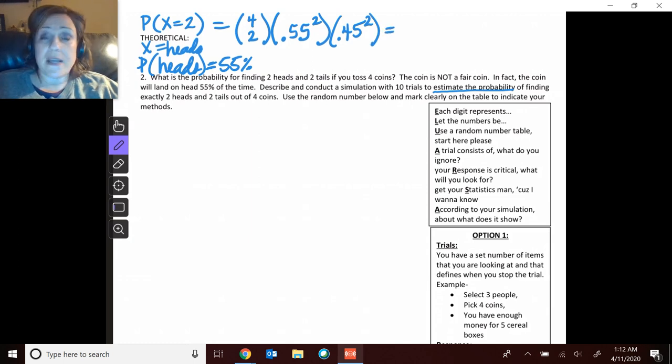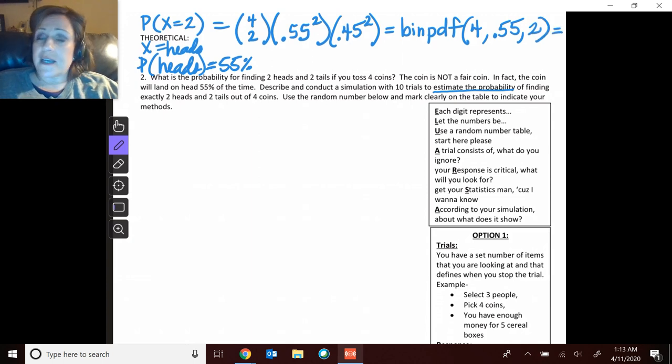Now, that's a binomial problem. Would we do this with binomial CDF for a cumulative amount, or binomial PDF for a particular exact amount? Binomial PDF is how we would have done this one. We would have had, out of 4 trials, 55% chance of heads, and I want 2 of those.